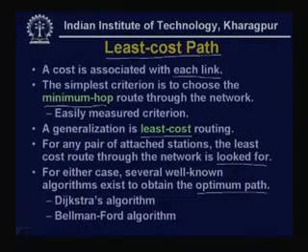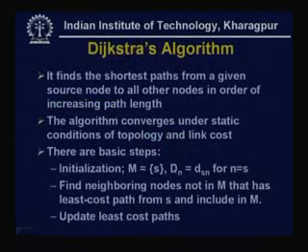For a given topology and a given cost associated with each of these links, a least cost path is found from a particular source to all the destinations. That is done with the help of this least cost routing algorithm, or rather Dijkstra's algorithm for obtaining the optimal path. Let us see how it is done.